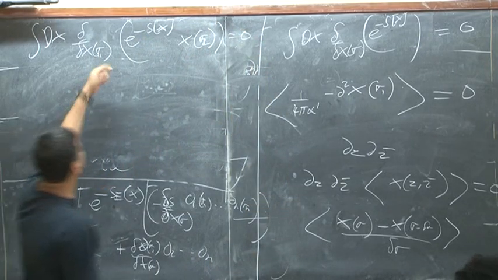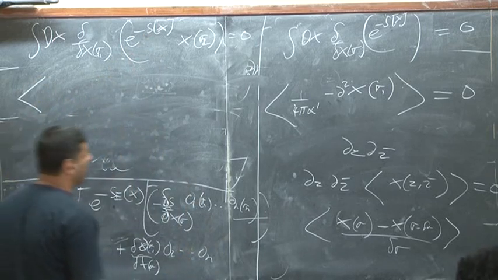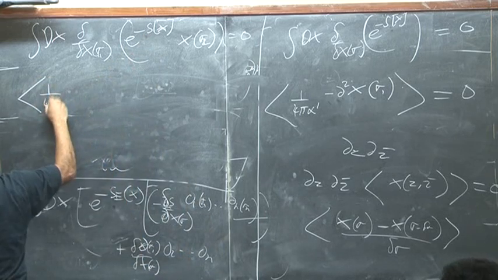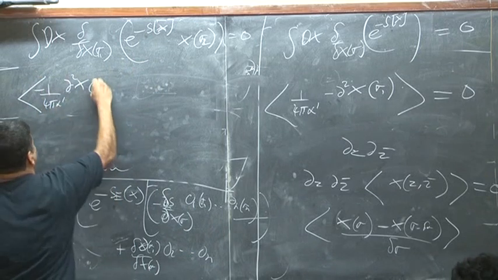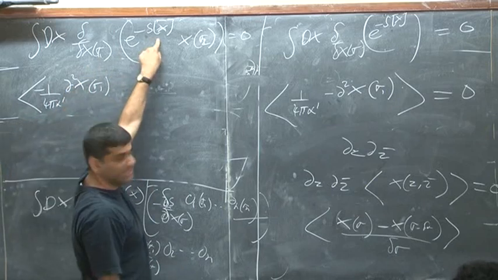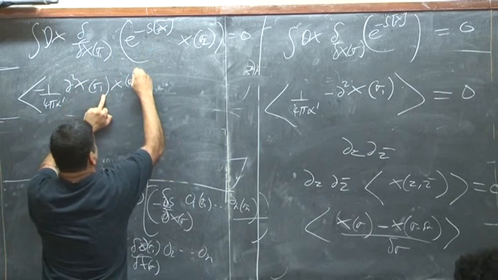Now what do we get? We get expectation value of 1 by 4 pi alpha prime to the minus del square x of sigma 1. That came from hitting this. But there's also an x of sigma 2 sitting out.